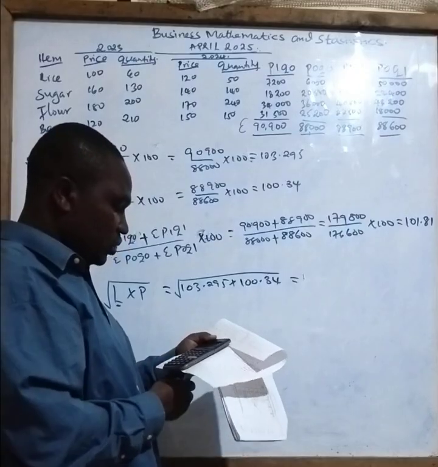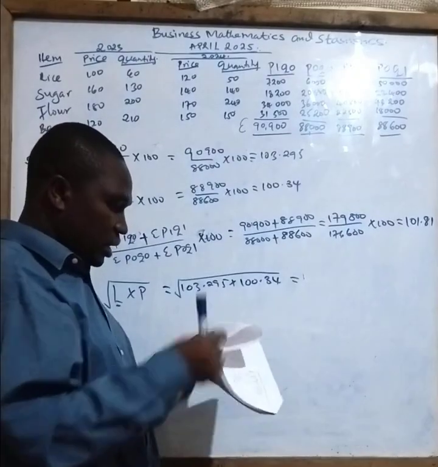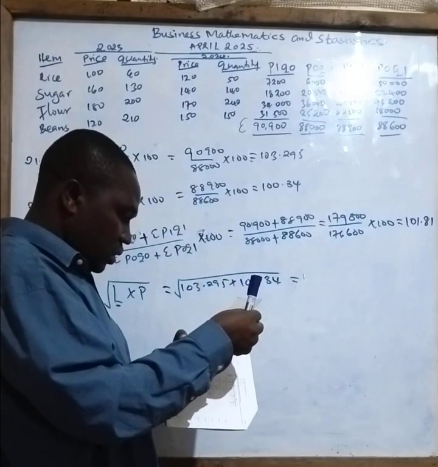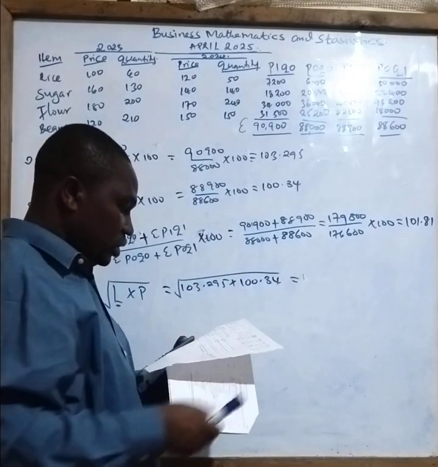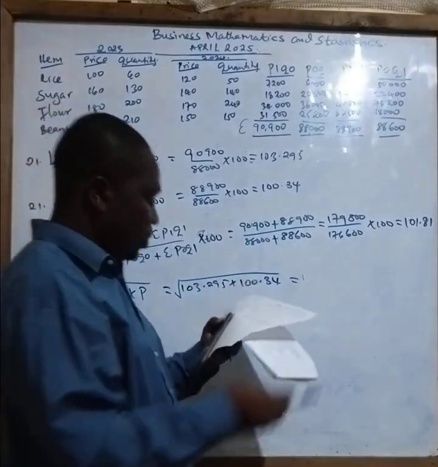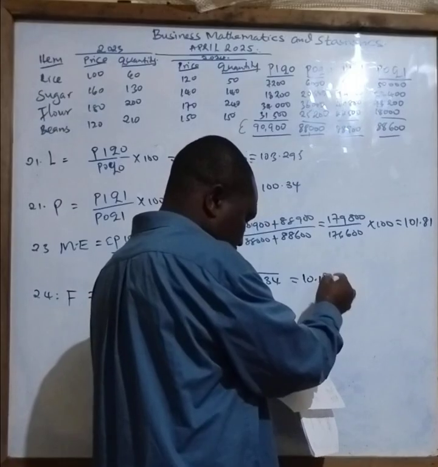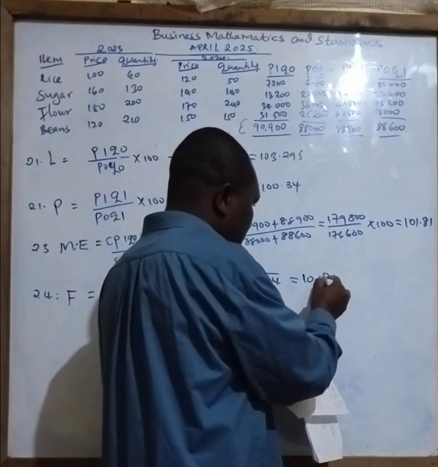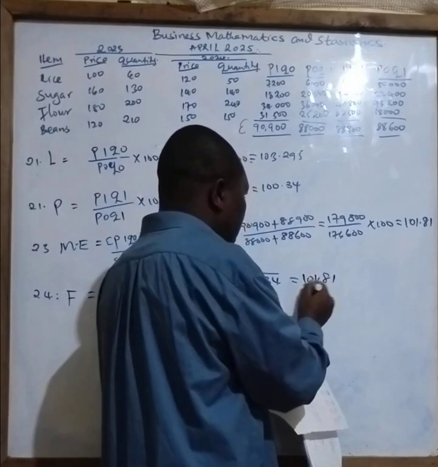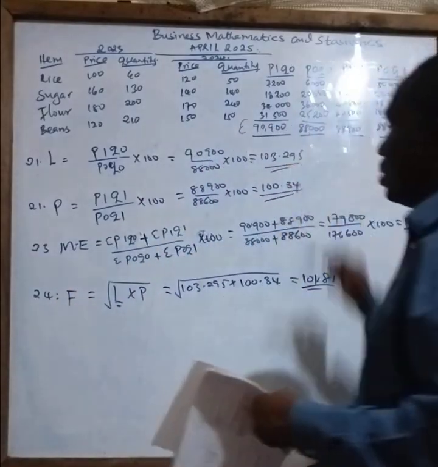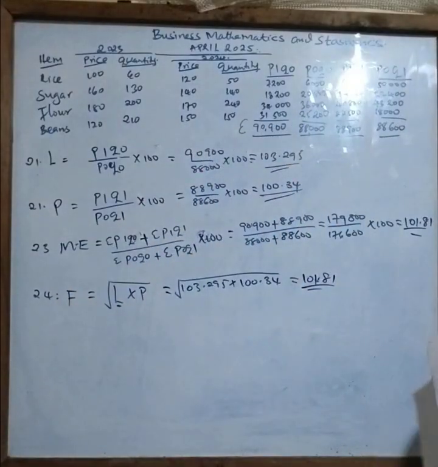So your answer is 101.81. So that is how you are supposed to work out these particular questions.